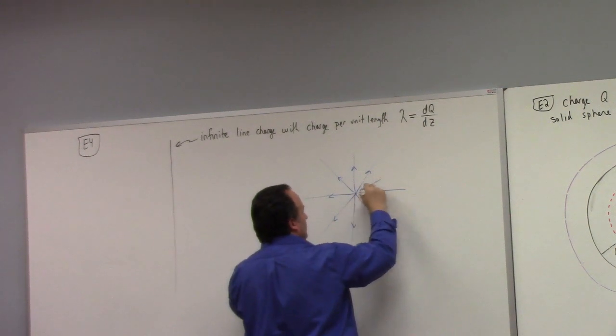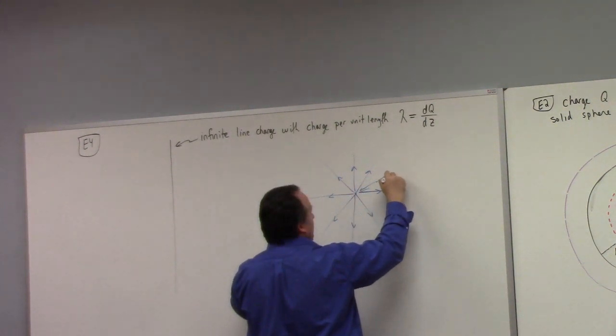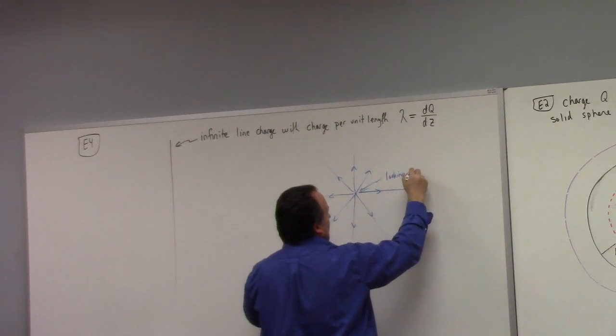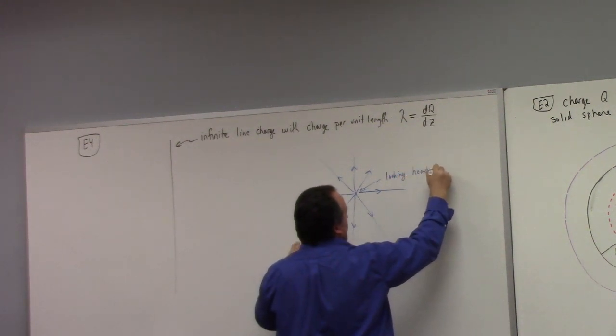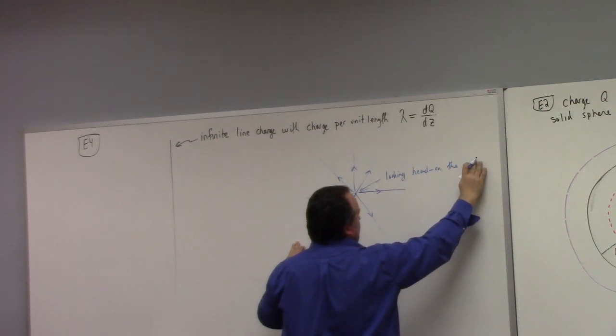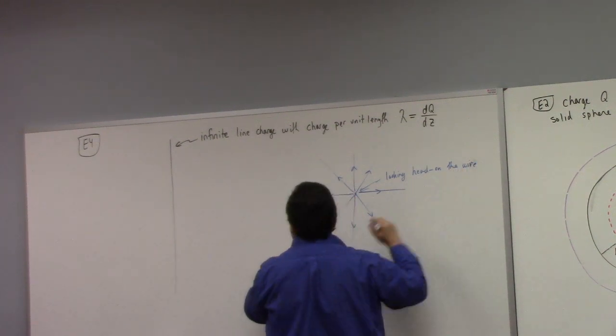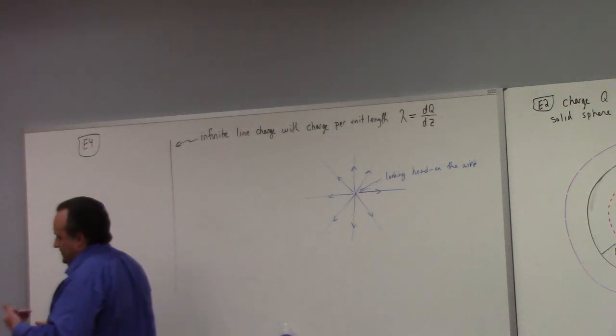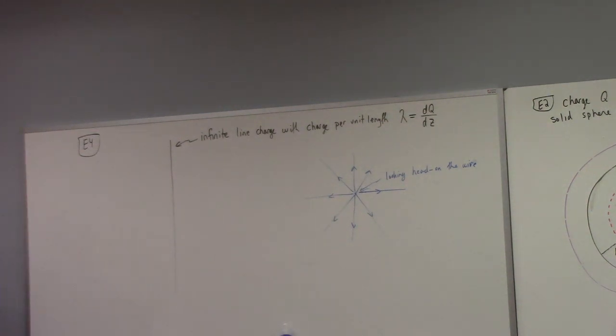So this is looking head on at the wire. I can't spell wire. That's not a good sign. This problem you could try to do with integration to find the electric field at a particular point off the line, but let's not do that, as it would require an improper integral.